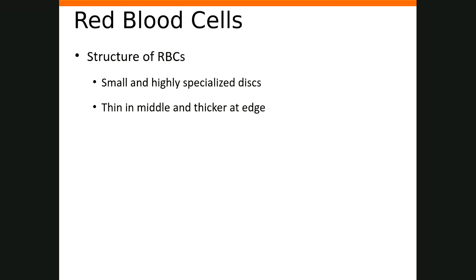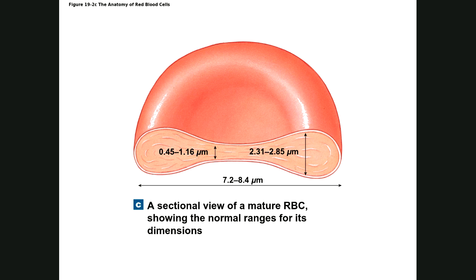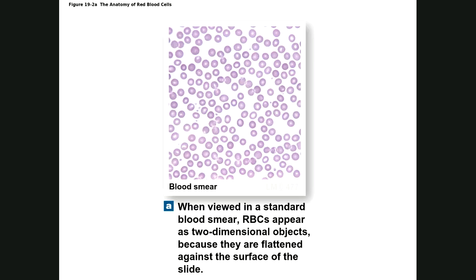So red blood cells, you want to be able to identify them. These should be pretty straightforward. They're the most common type of cell you're going to see, right? 99.9% of all formed elements are red blood cells. That's an illustration, but to test you on this, I would use an image like this, where I'd ask what type of cells these are, and you'd say, obviously, red blood cells.